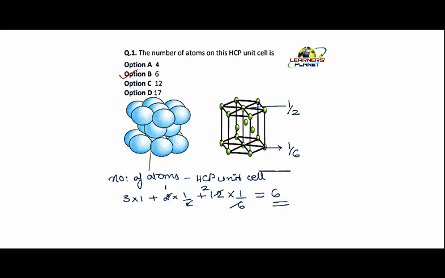Right? You can visualize this. There will be 6 unit cells, the above and below. Okay? So the 6 atoms are present in this HCP unit cell. So for solving such type of questions, you need to visualize the 3D structure of that particular cell.